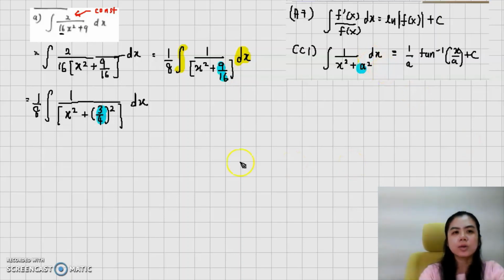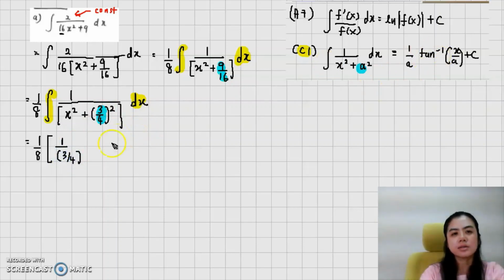So for the answer, the 1 over 8 is still there, and let's apply the formula of integration by using C1. The C1 says that as a result of integration you will have 1 over a. Now what is your a? Your a is 3 over 4, so you will have 3 over 4 here.